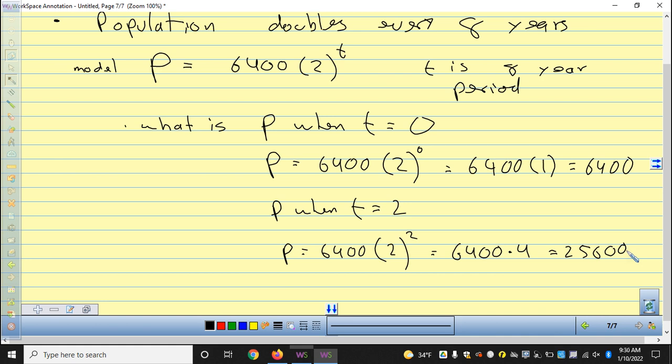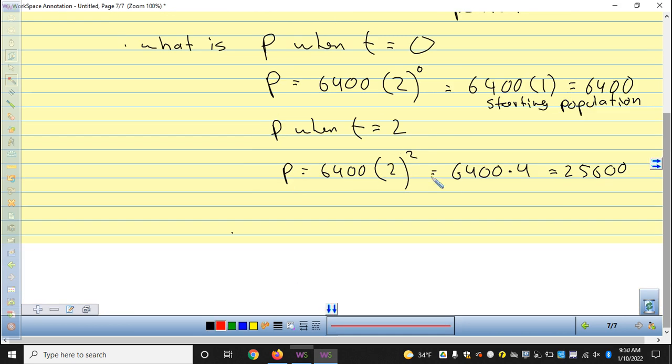Well, what are we talking about when T equals 0? That's a starting population. This is the beginning or starting population. When T equals 0, that means how many of these, whatever these things are, do we start with after 0 8-year periods.